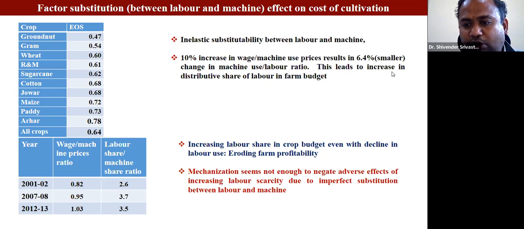So the policy implication is that we need to develop better and more affordable farm machinery. We need to improve its accessibility to the farmer at an affordable rate, probably through institutional aspects, for example, custom hiring centers and other things.